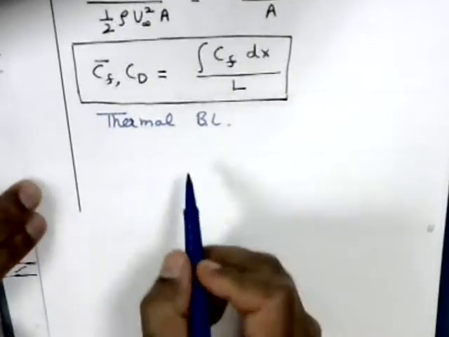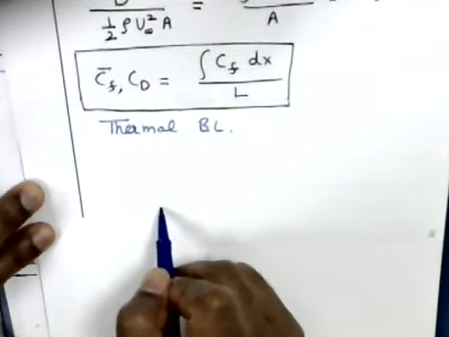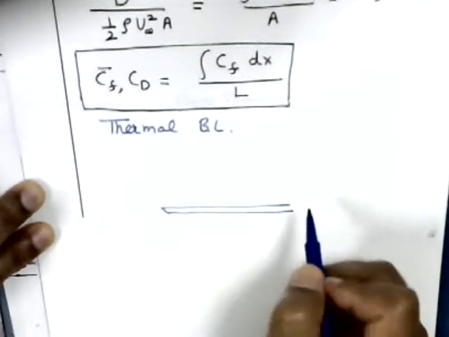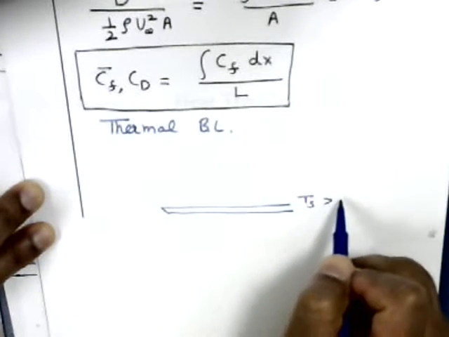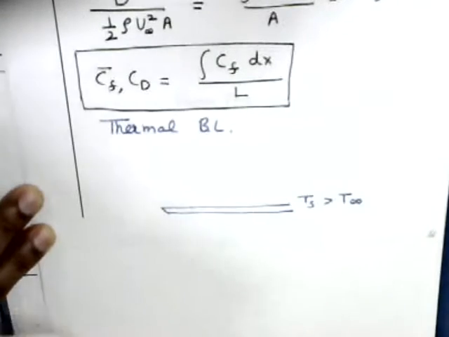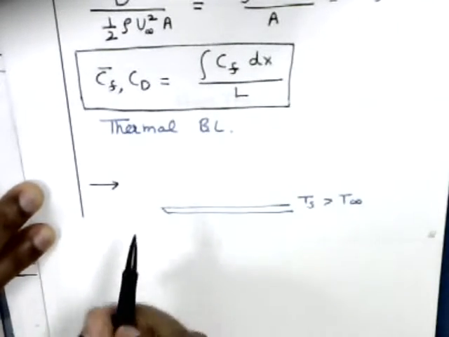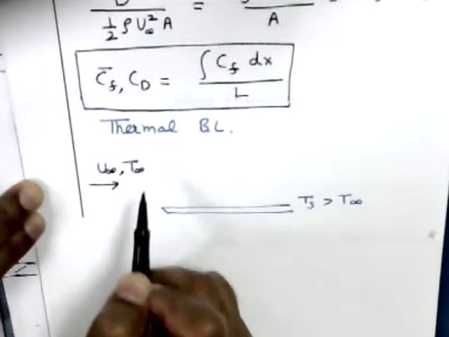Now consider the situation that the plate is an isothermal plate, its surface temperature is Ts. And this temperature is greater than T infinity, so you have fluid flowing over it, coming with a velocity u infinity and its temperature is T infinity.